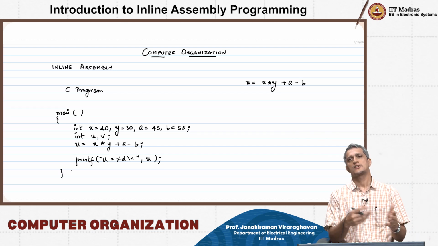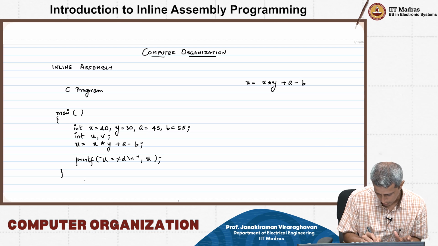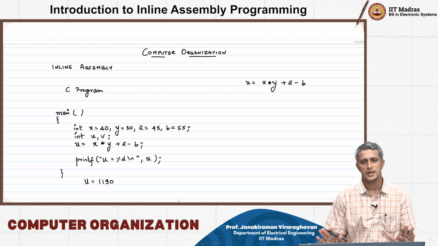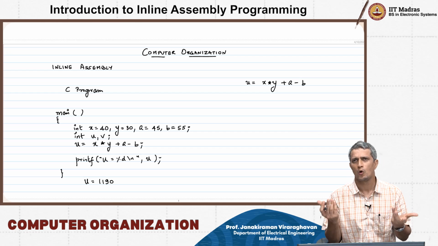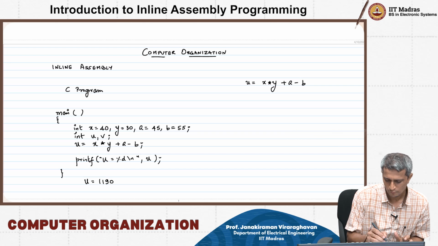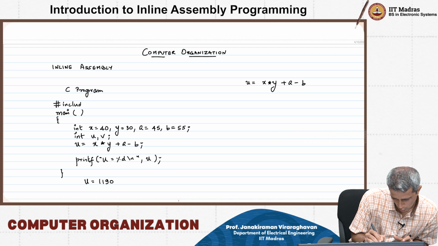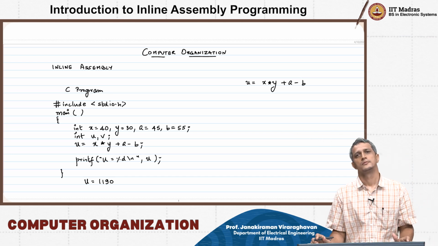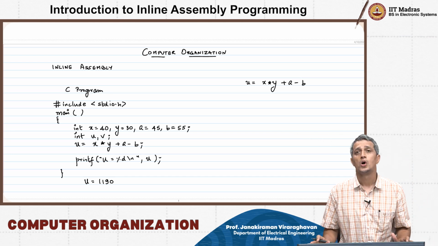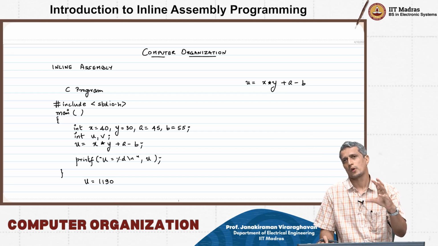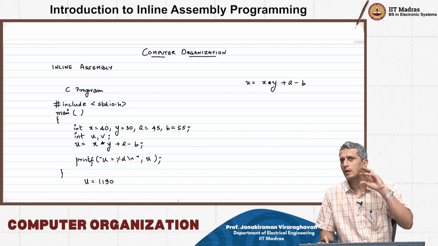So the expected output of this program should be u equal to 1190. This is how we would code a typical C program. Of course, remember you have to include stdio.h.